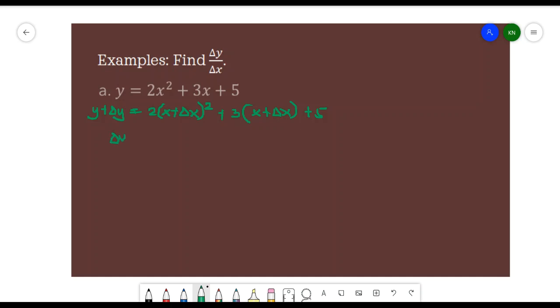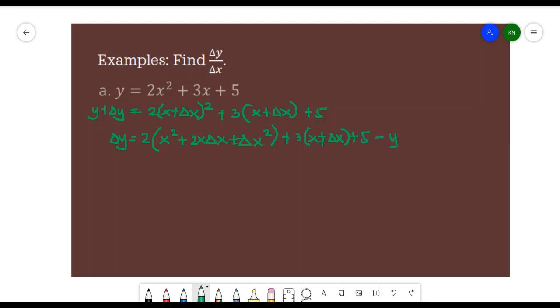So we have delta y equivalent to 2, and since this is a square of a binomial, we just have to perform the operation. We have x squared plus 2x delta x plus delta x squared, and then plus 3 times x plus delta x, we'll just perform that later, plus 5 minus y.